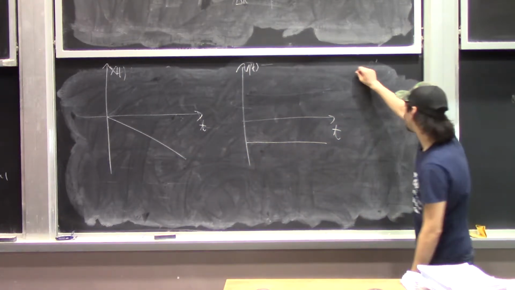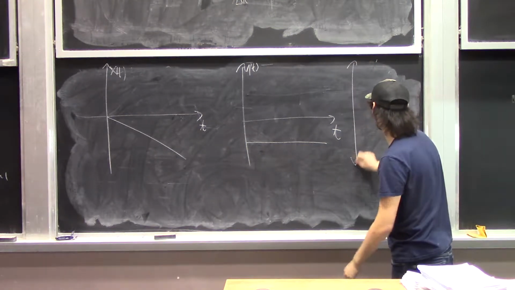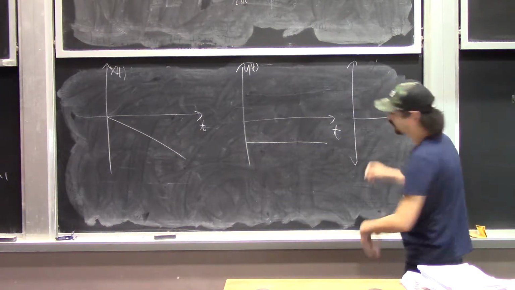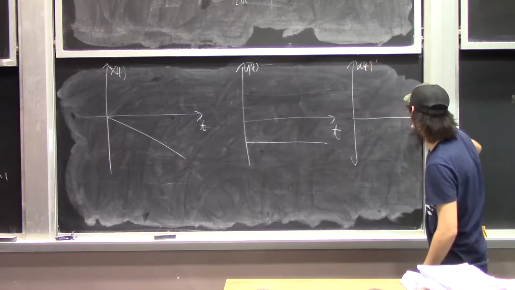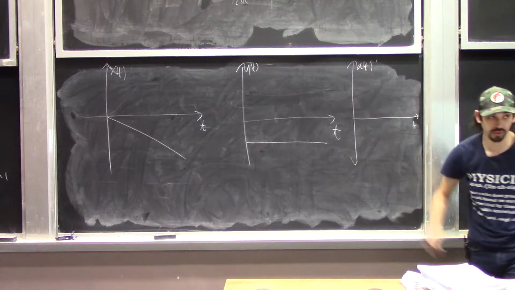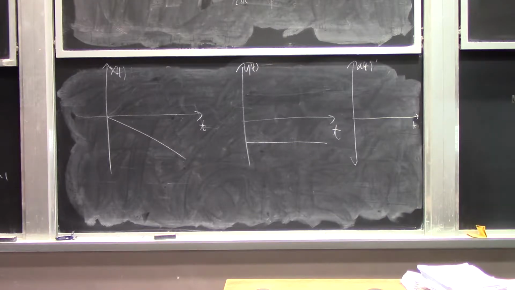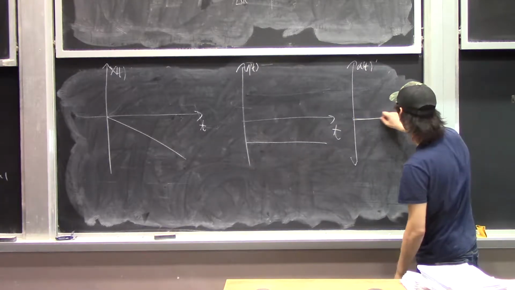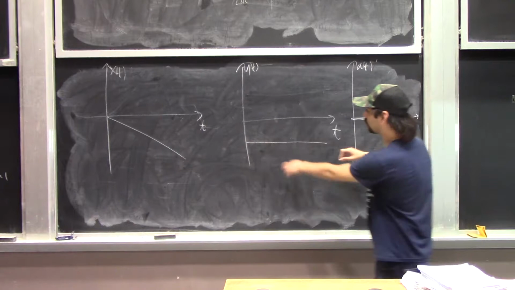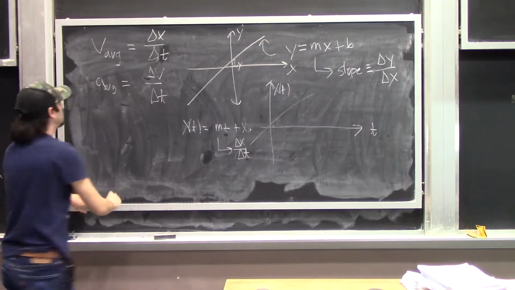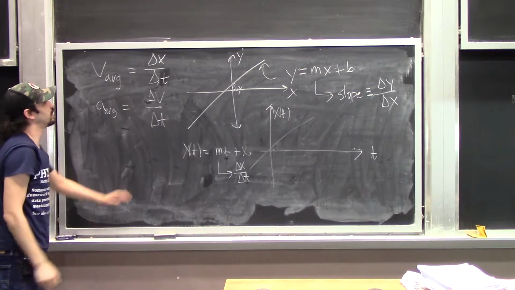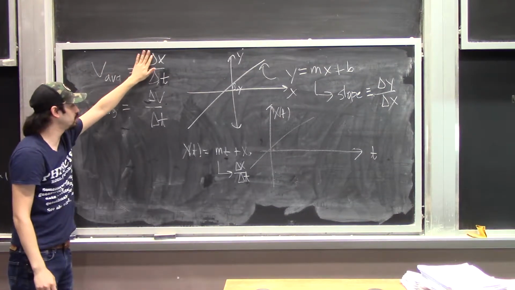Now, the last plot is going to be our acceleration. Again, there are two ways that we can look at this. This is the acceleration as a function of time, and this is time. What should this one look like? 0, right? Why? It's the slope of the velocity graph, and we can see that here. This equation is telling me that the velocity is the slope of the position graph.